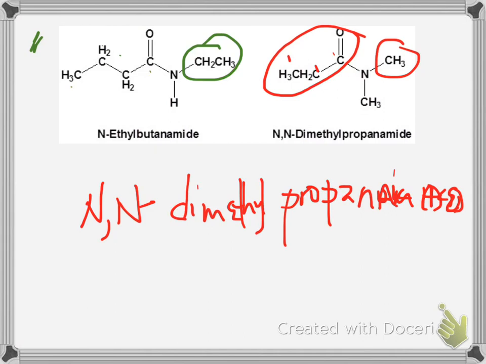The reason why that's important is because you could have a propanamide 1, 2, 3, and this would actually be 2-methyl, distinct from N,N-dimethylpropanamide.